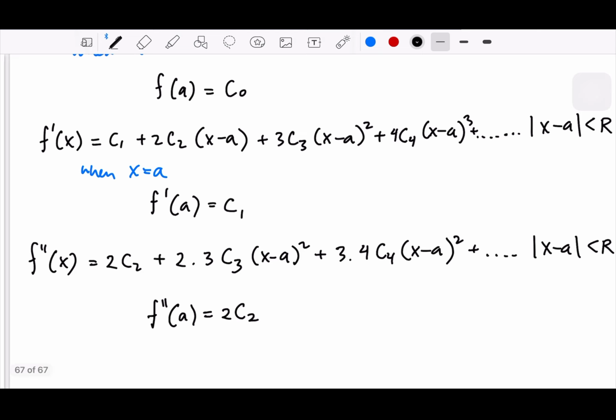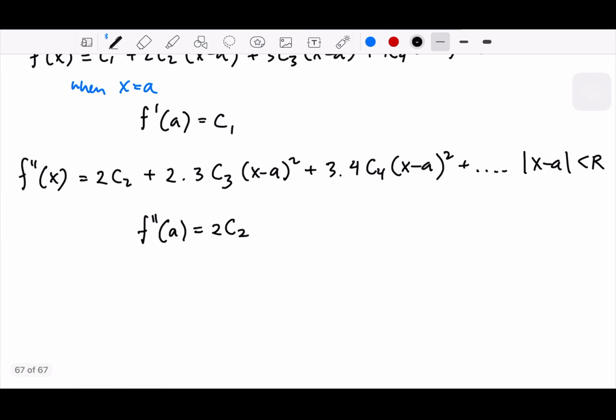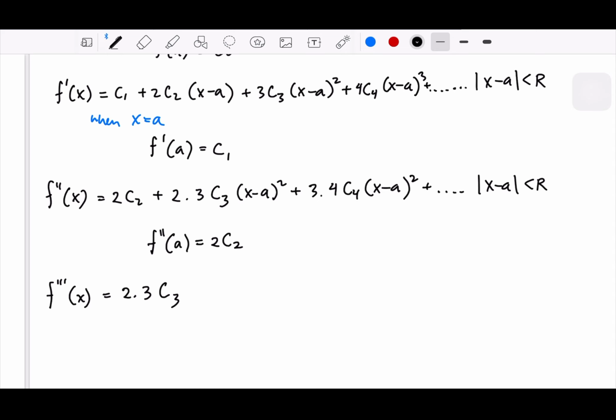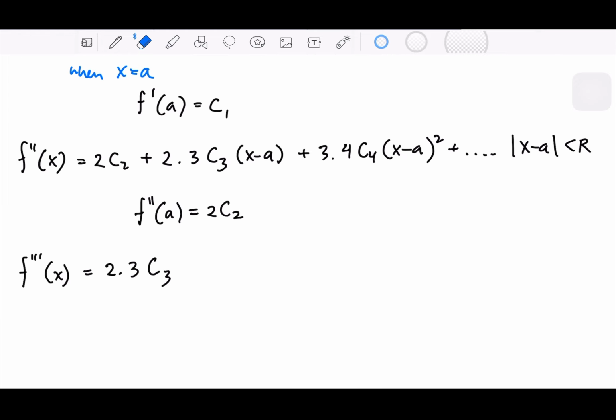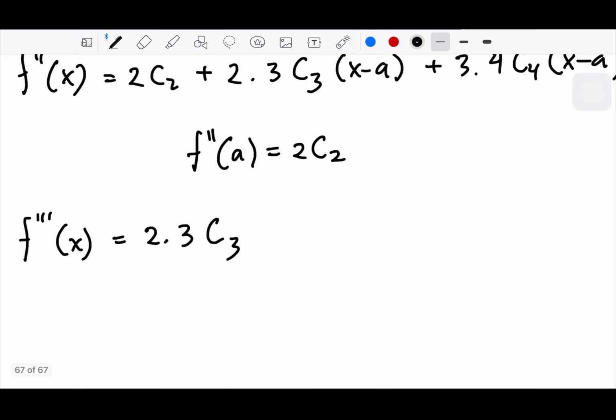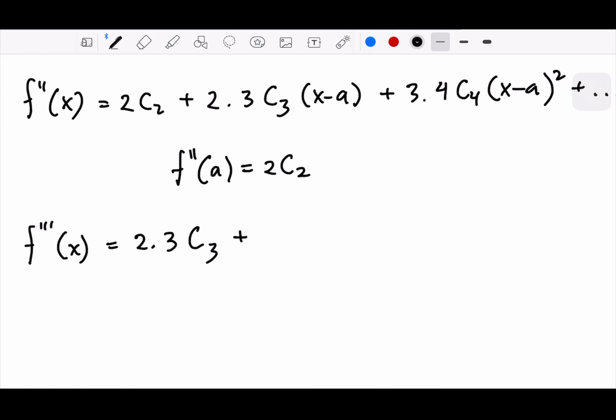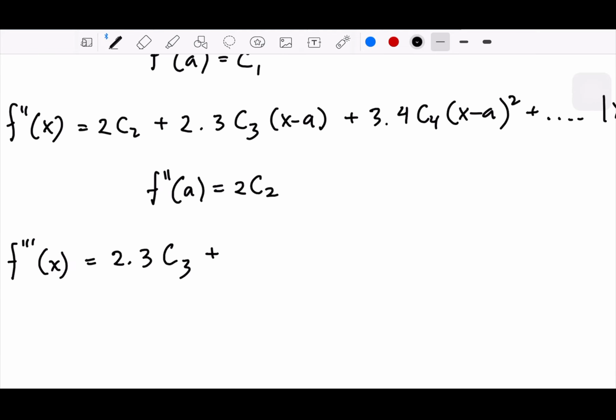It's still less interesting, but if we try the third derivative, this will be 2 multiplied by 3 C3 plus 2 multiplied by 3 multiplied by 4 C4 times x minus a.